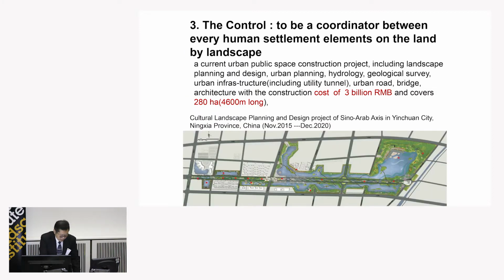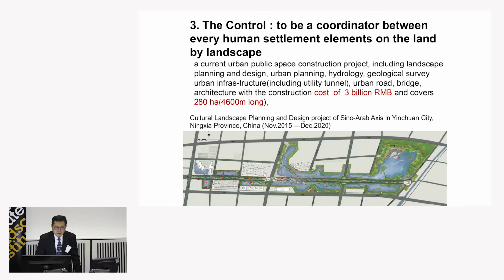So finally, this comes to the third point. The third way is the control. For the third way, I think the key issue is that landscape architects should be a coordinator between every human settlement element on the land.